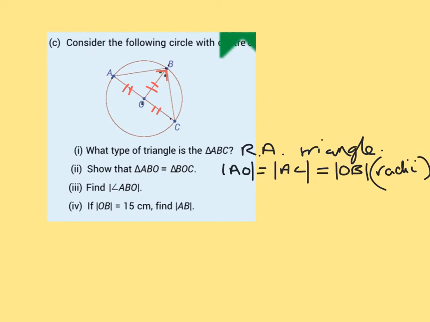So what I will say is that triangle ABO, we'll follow what they say in the question, ABO and triangle BOC are isosceles.